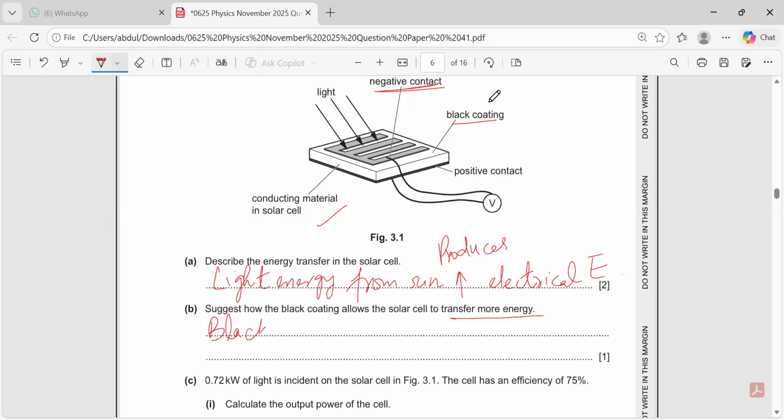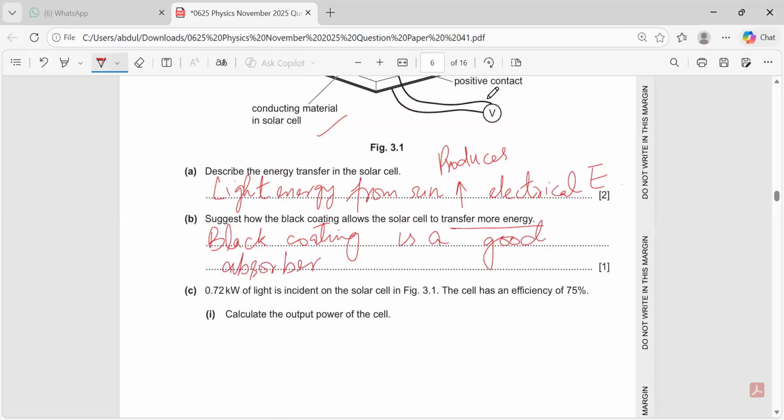Only 1 mark, no need to go into a lot of detail. Black coating is a good absorber. That is enough for 1 mark.